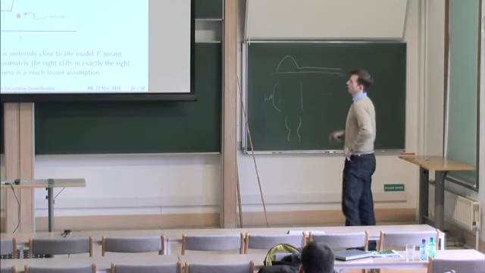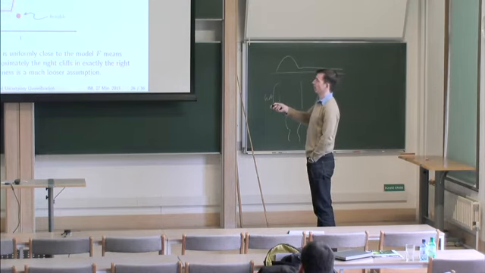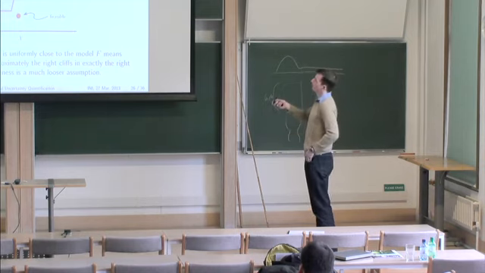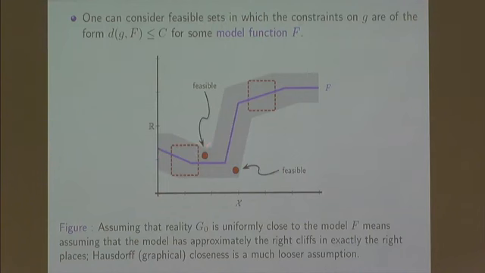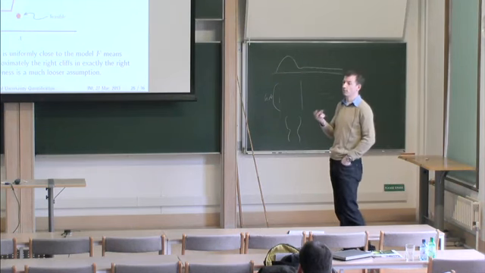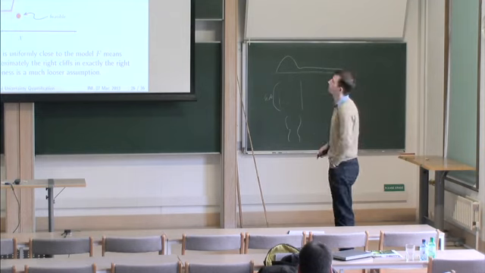So you're much better off instead using something like, say, a graphical distance. Yes, your feasible set is bigger, but you've got a reasonable chance that you've got approximately the right cliffs in approximately the right places. Yes, your bounds will be looser, your inequality will be worse, but you have a better chance of the assumption you made actually being true.